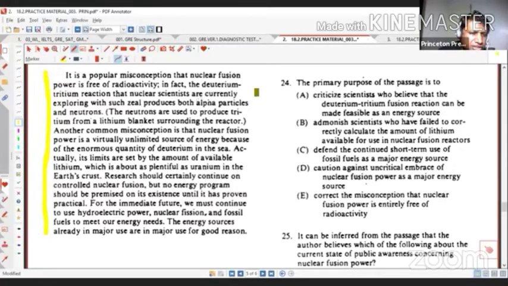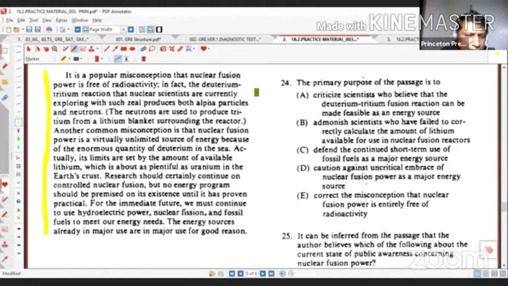Research should certainly continue on controlled nuclear fusion, but no energy program should be premised on its existence until it has proven practical.